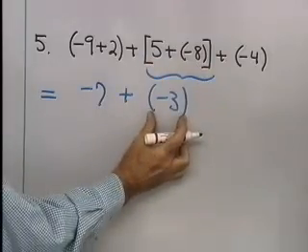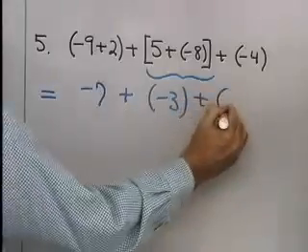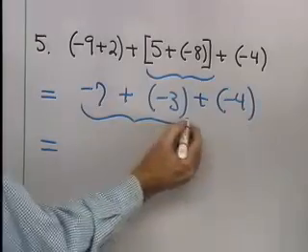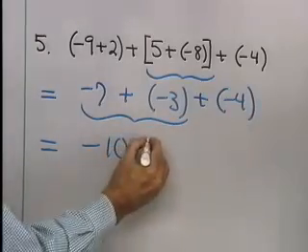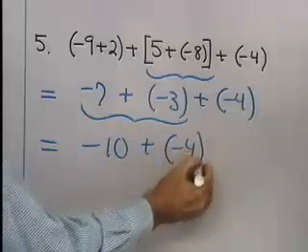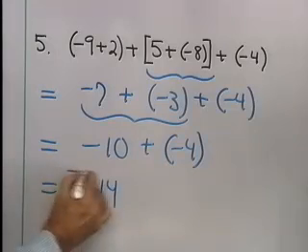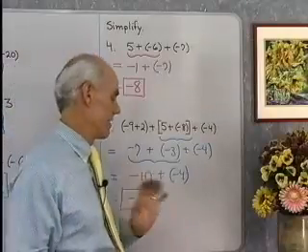I don't need to do that since I just want to enclose negative 3 with some grouping symbols. Plus negative 4. Now I add my first two, negative 7 plus negative 3, negative 10 plus negative 4. Negative 10 plus negative 4, negative 14. Applying my rule for adding positive and negative numbers consistently every time.